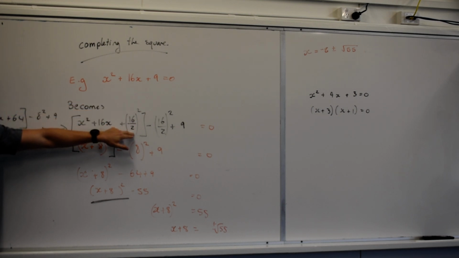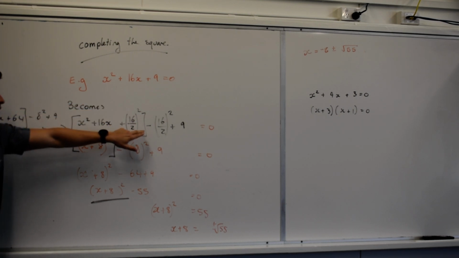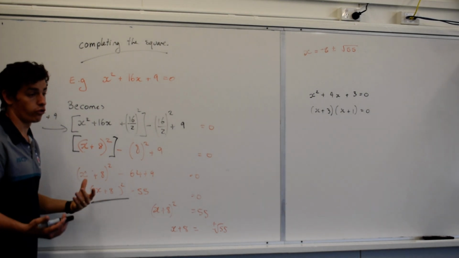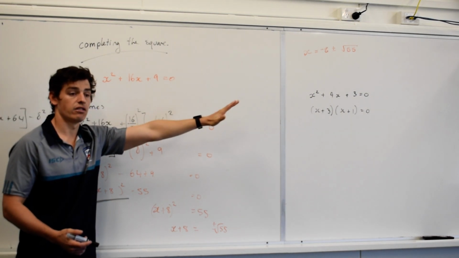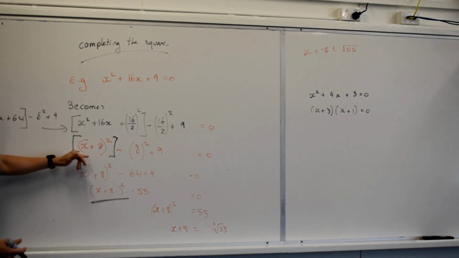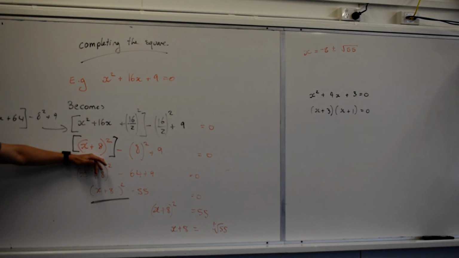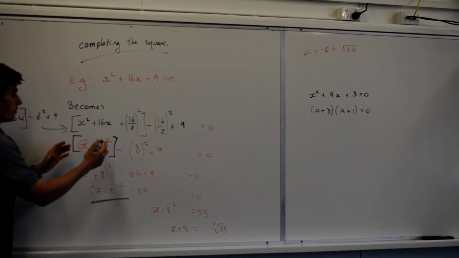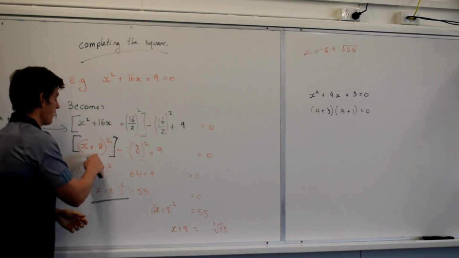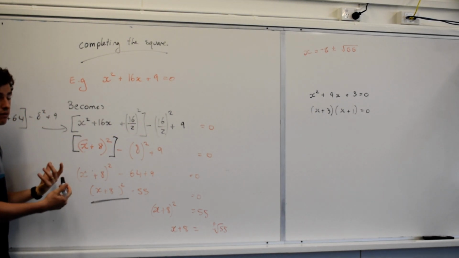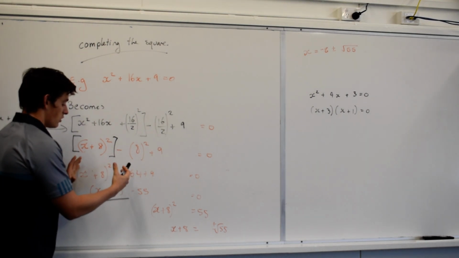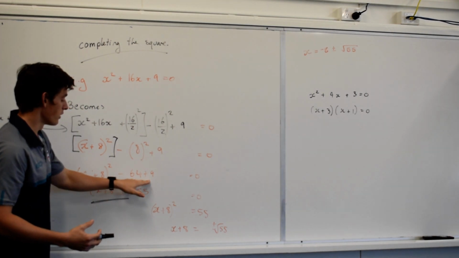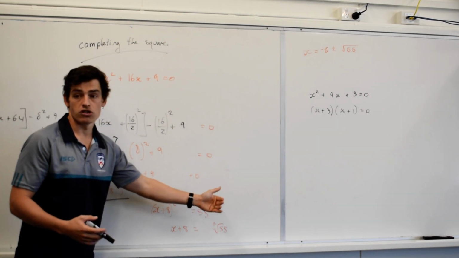I then square that number, I add it and I subtract the same number so I'm not destroying my equivalence. Whatever was previously there, I just shove to the end. I've now created a new bracket, x plus 8, squared. To deal with that, I add the subtraction. I combine those two numbers, rearrange and solve.